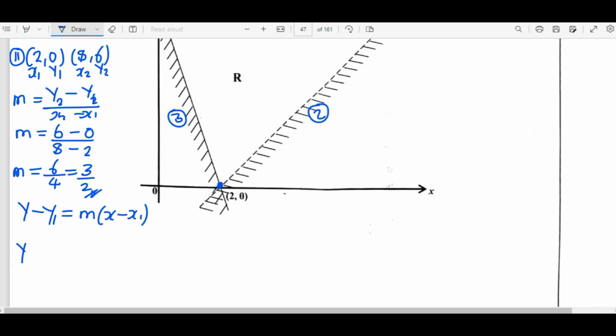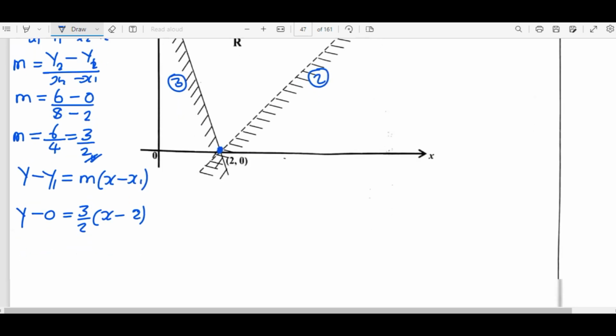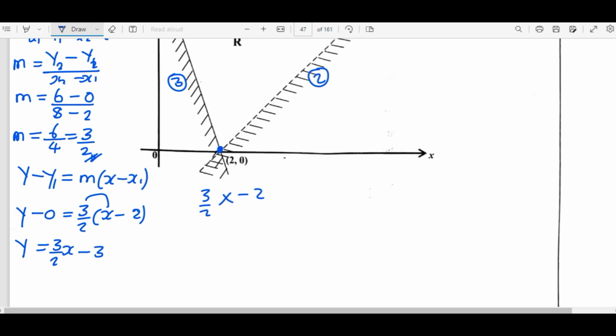If you use 2, 0, it's y minus 0 is equal to 3 over 2 times x minus 2. So y minus 0 is y. Then 3 over 2 times x is 3 over 2 x. Then 3 over 2 times negative 2 is just negative 3. So this is our equation.